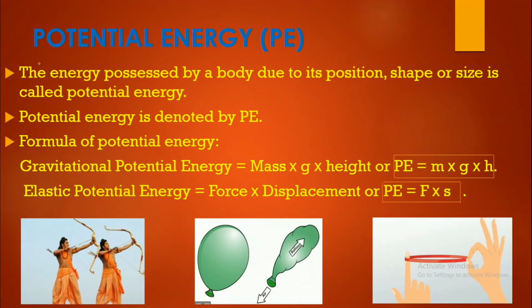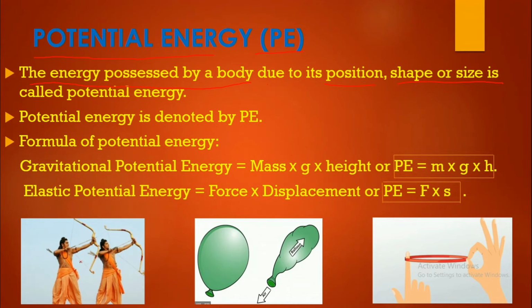Our next topic is potential energy. First thing is that potential energy is denoted with PE, capital P and capital E. The energy possessed by a body due to its position, shape or size is called potential energy.